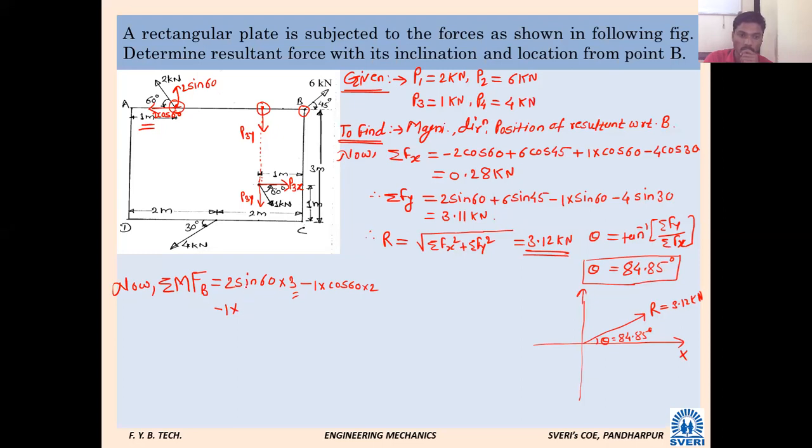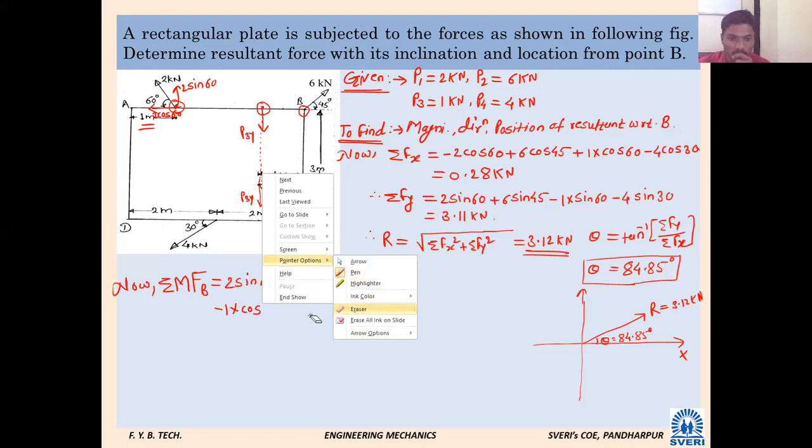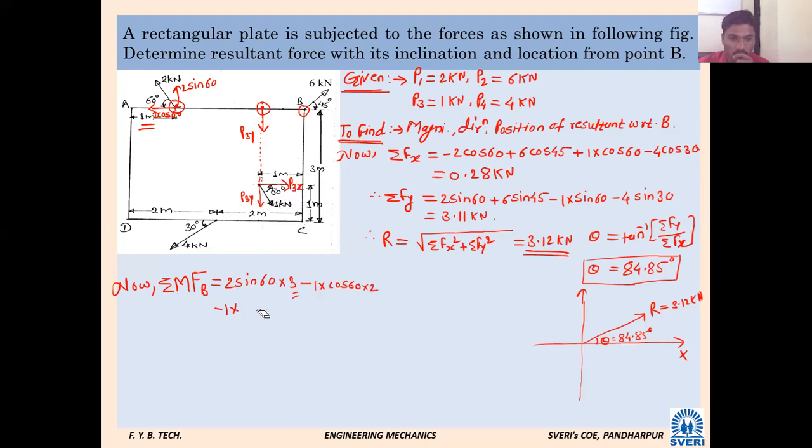What is the Y component of that force? 1 cos 60, sorry, not cos 60. We are considering the Y component, so sin 60. What is the distance between the line of action of that force and point B? 1 meter. It is given, so there is no issue in that.